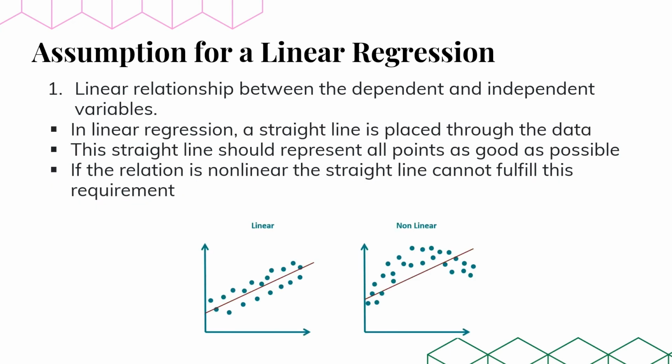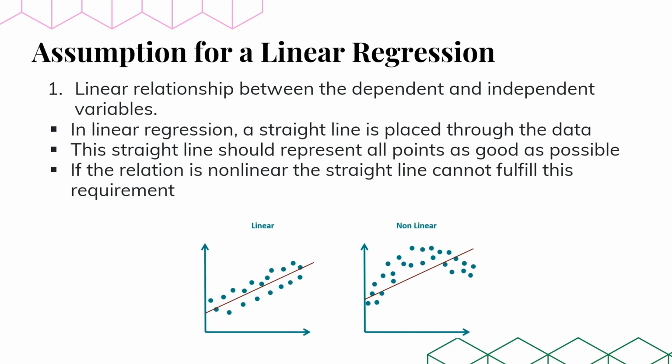For the first assumption, in linear regression, a straight line is placed through the data. The straight line should represent all points as well as possible. If the relation is not linear, the straight line cannot fulfill its requirement.